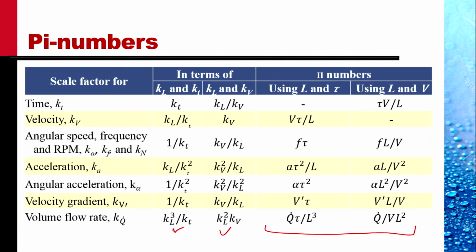These pi numbers represent the non-dimensional groups of parameters which would have identical values in the prototype and the model. The characteristic nature of the quantities contained herein is understood.